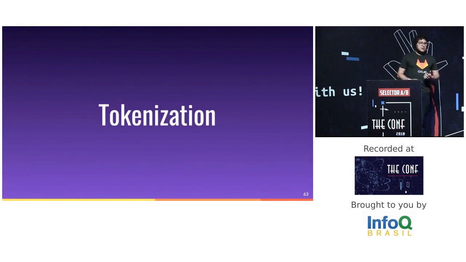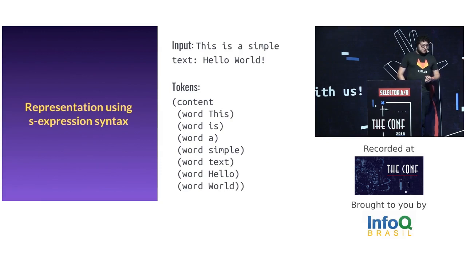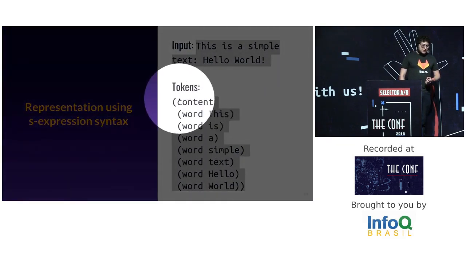This process is called tokenization. The final representation of these tokens can be expressed in many different syntaxes. We can express it in XML syntax, but the most common one is the S-expression. So it starts with the content.